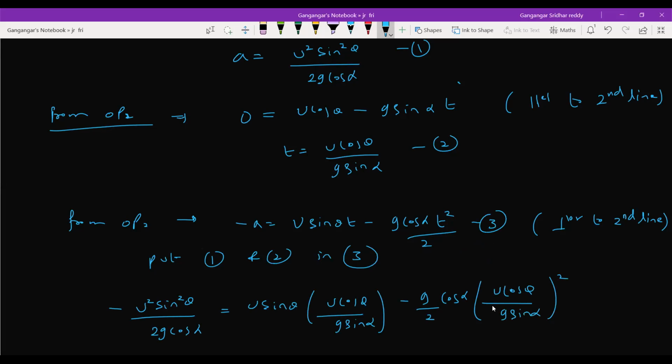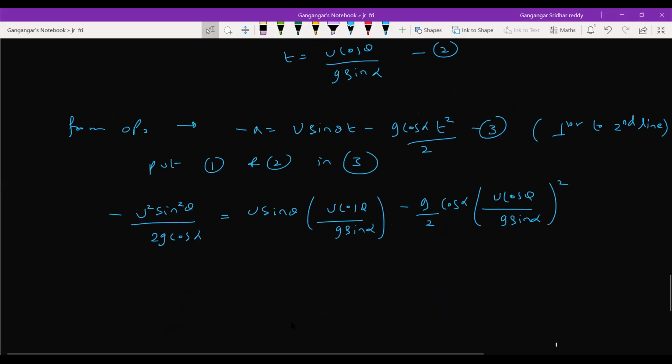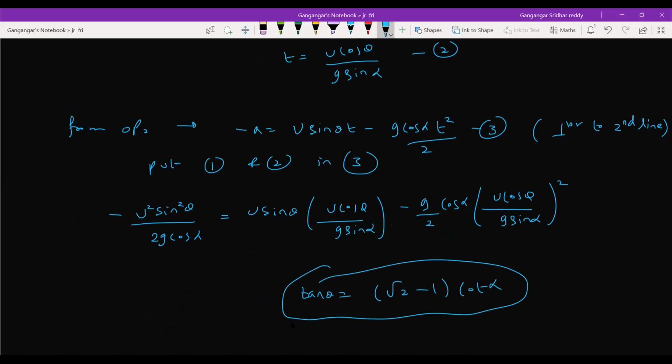So u square gets eliminated, g gets eliminated, then left over will be only theta and alpha. So we'll end up with tan theta equal to root 2 minus 1 cot alpha. Okay, it's all about applying that basic formula clearly. Is it okay?